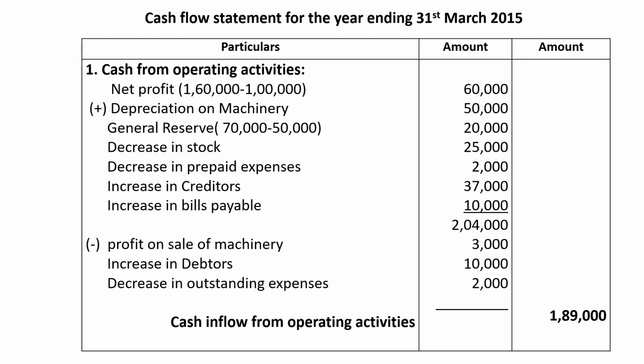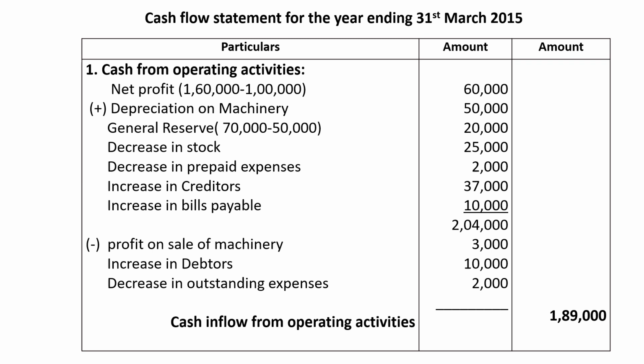Depreciation on machinery 50,000. General reserve 10,000. Decrease in stock 25,000. Decrease in prepaid expenses 2,000. Increase in creditors 37,000. Increase in bills payable 10,000. Total of this 2,04,000.